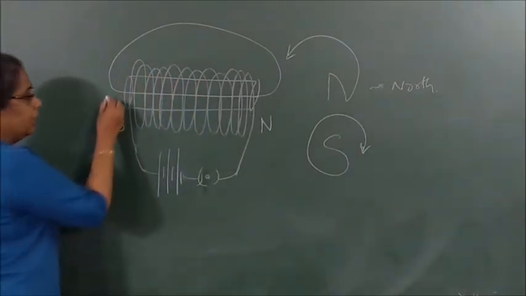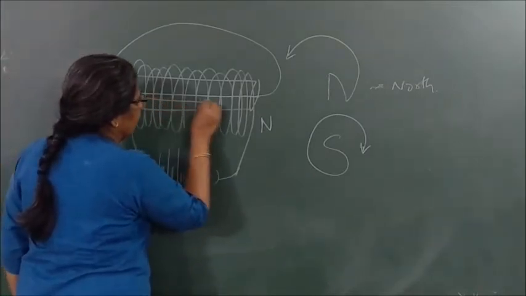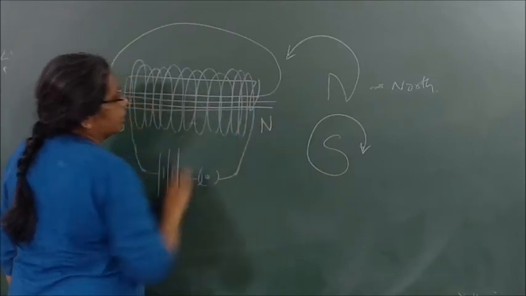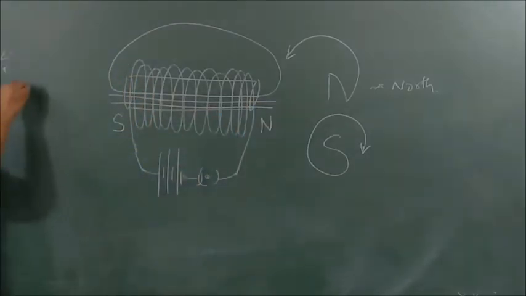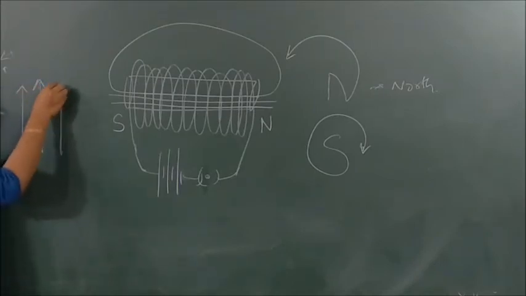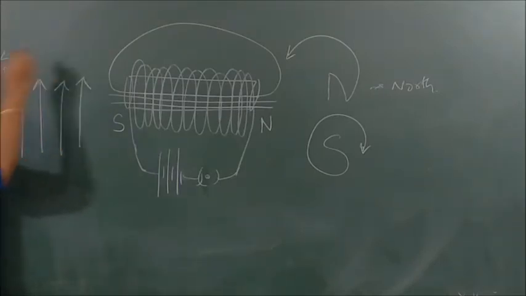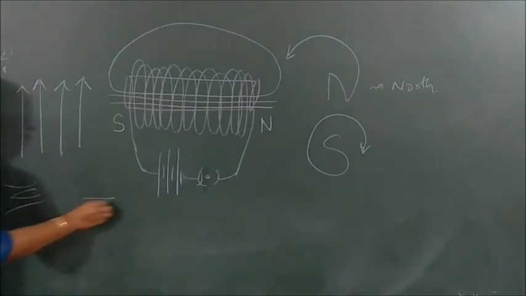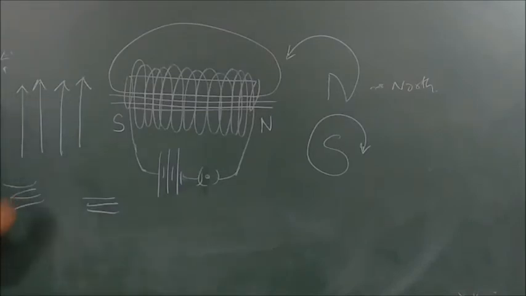In a solenoid, the magnetic field lines are always parallel and equidistant. If they are parallel and equidistant, that indicates what magnetic field? Uniform magnetic field. If they get crowded at the poles, it means a non-uniform magnetic field. They are more here, they are less at the center.